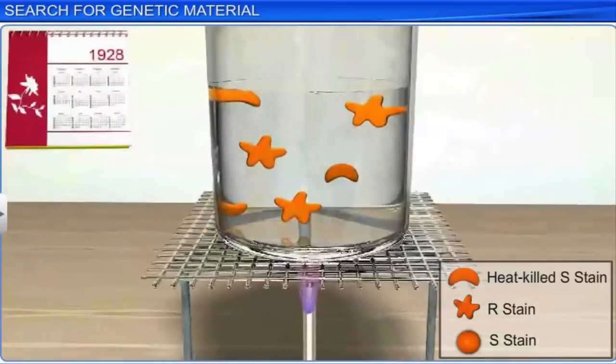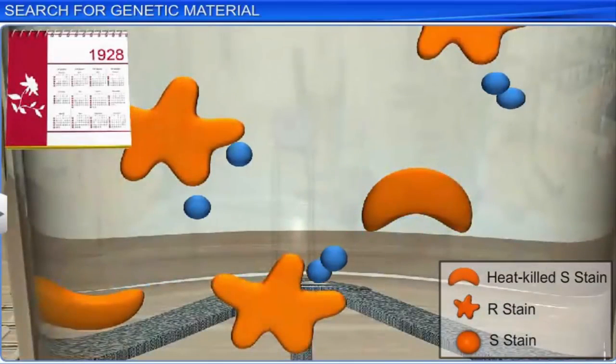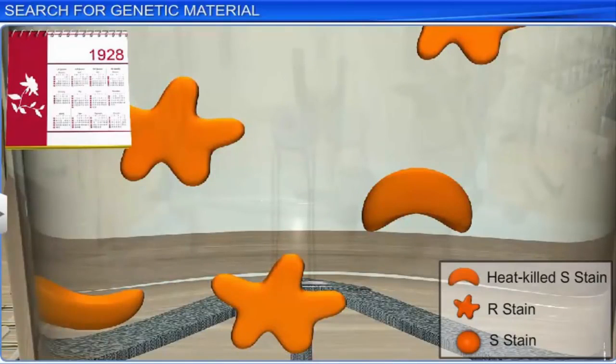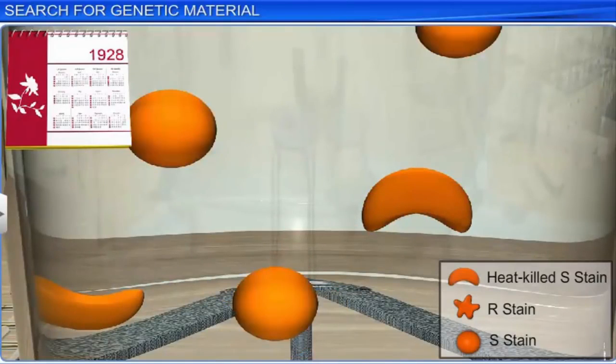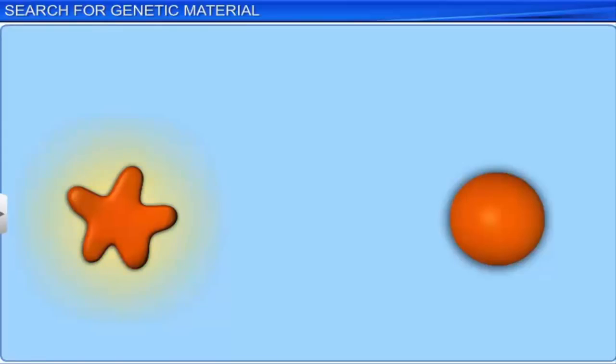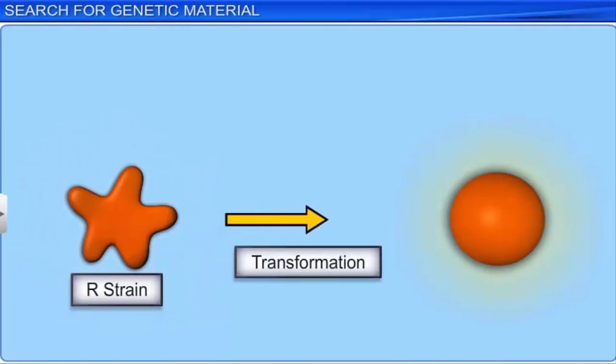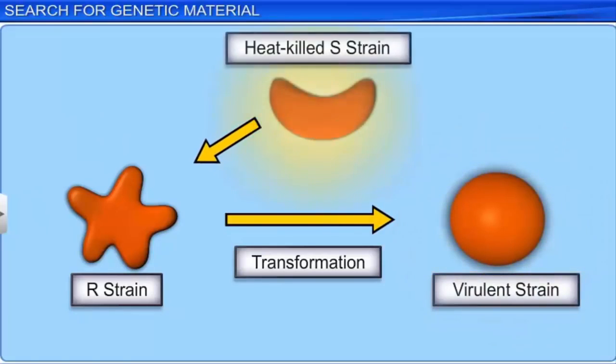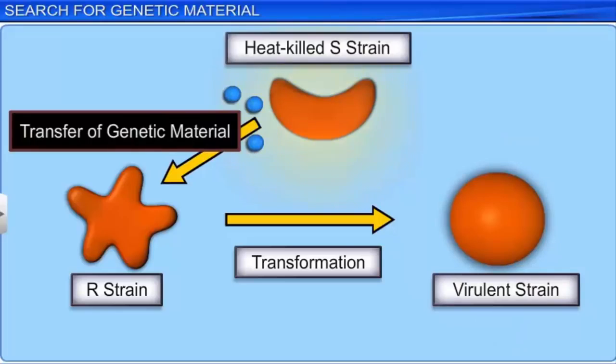So on the basis of this experiment, Frederick concluded that the heat-killed S-strain bacteria had somehow transformed the R-strain bacteria. He also concluded that the reason why the R-strain bacteria produced a smooth polysaccharide coat and became lethal or virulent was because of the transfer of some genetic material from the heat-killed S-strain bacteria.